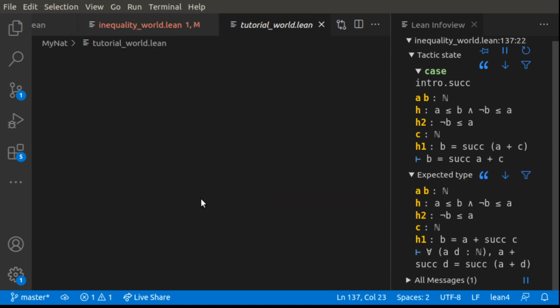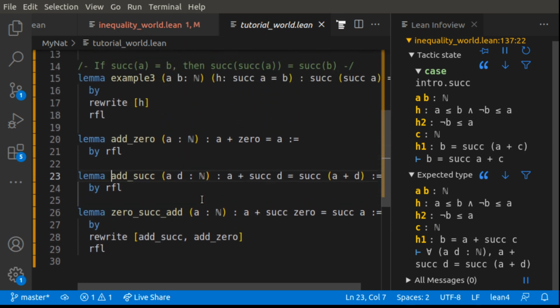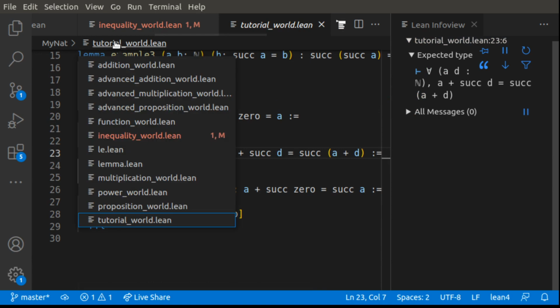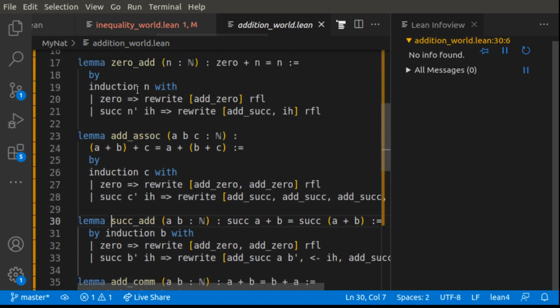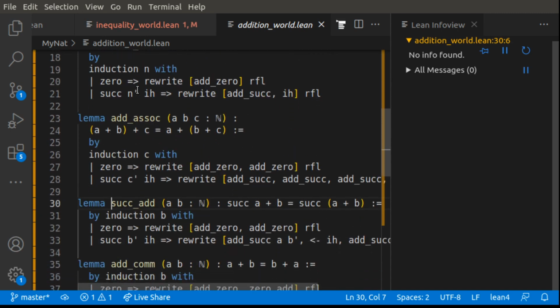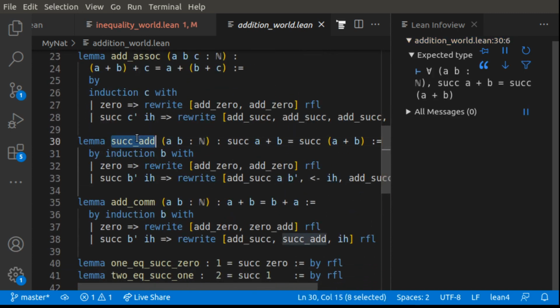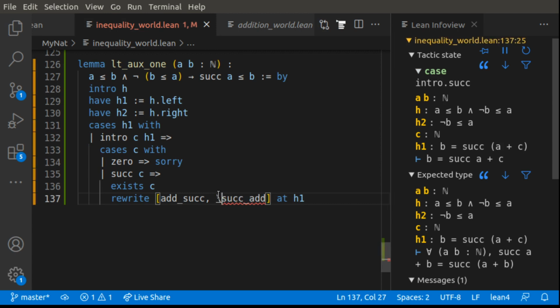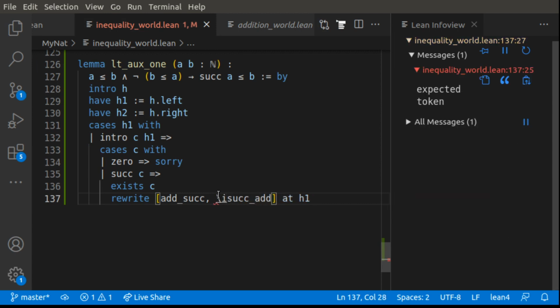Now we want to commute. Let's think. Let's look at addition world. Oh, successor add. Maybe inverse. No, wait, what's that?